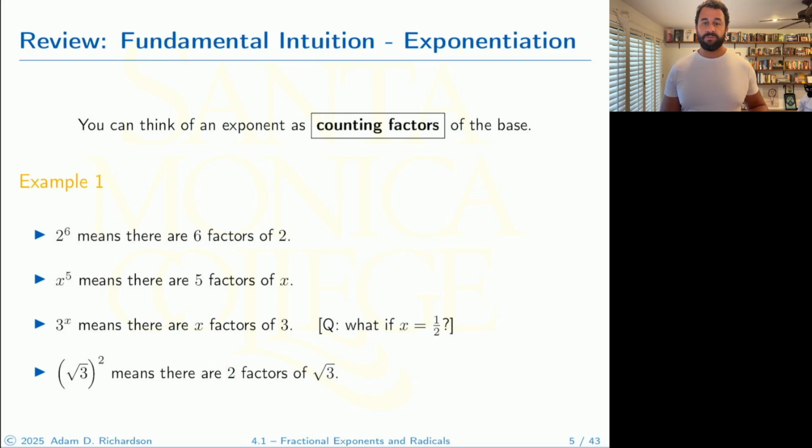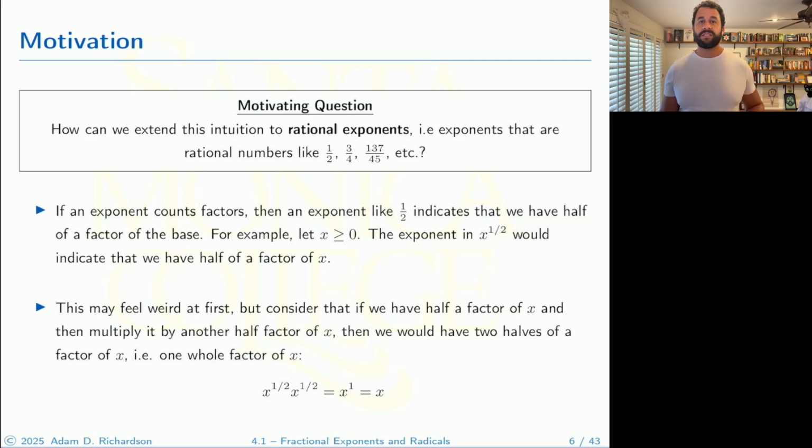And so that leads us to this motivating question: how could we extend our intuition of exponents as counting factors to rational exponents, exponents that are rational numbers like 1/3, 3/4, 137 over 45, etc.? So we're just going to motivate that intuition and see how it can really help us work with these expressions easily.